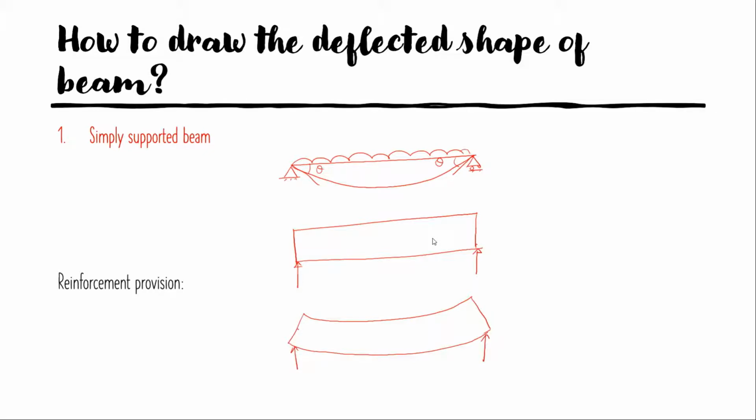Somewhere here there will be the neutral axis, and the top fiber is in compression, and the bottom fiber is in tension.